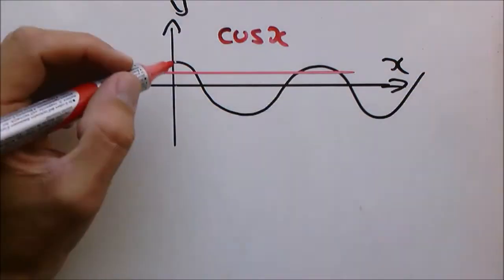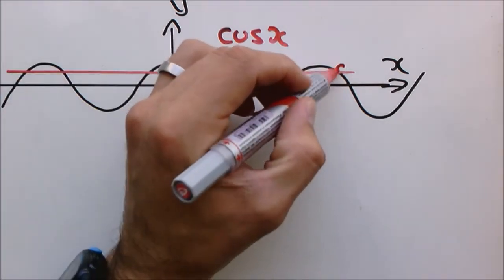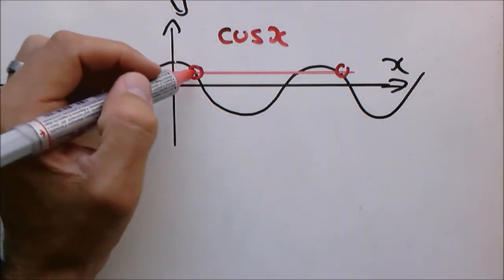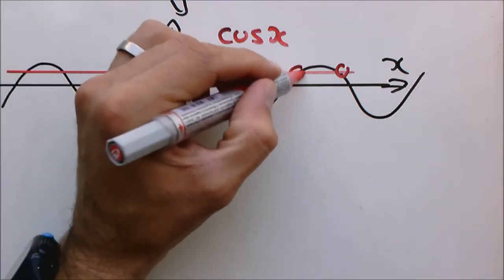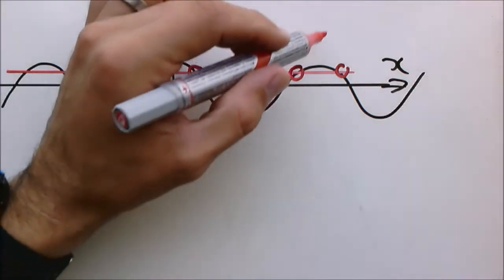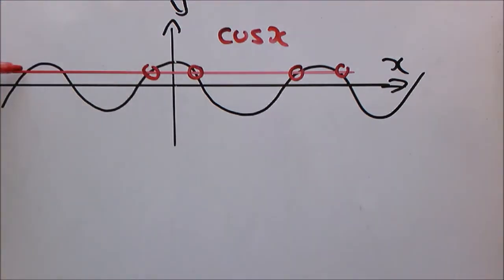But you will see that you have two answers within 360 degrees, which will be that one in the first quadrant, that one in the fourth quadrant, but it will be repeated. This one will be repeated in phase all the way through, and that one will be repeated in phase all the way through. So again, we've got the same pattern. We've got two answers, and it goes in all directions.